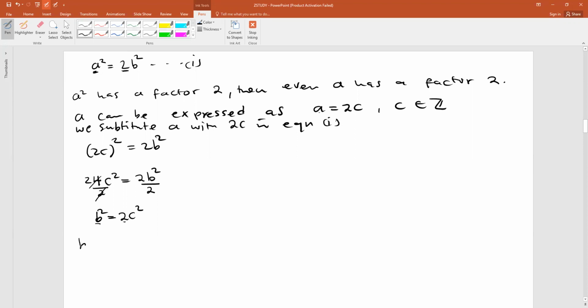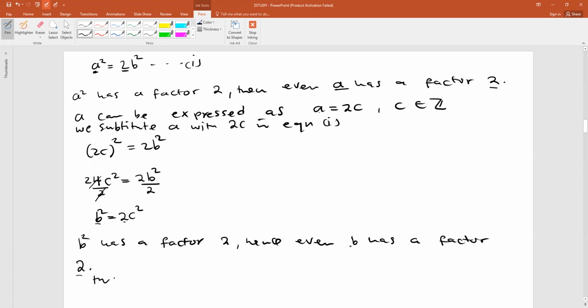So it means b squared has a factor 2, hence b is even, b has a factor 2. So now take note, here we are saying a has a factor 2, b has a factor 2.